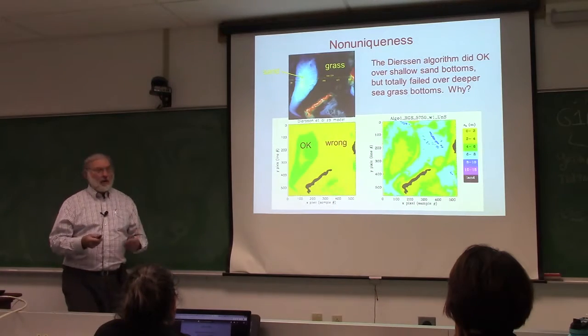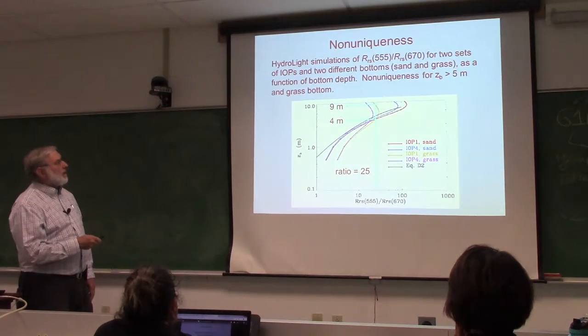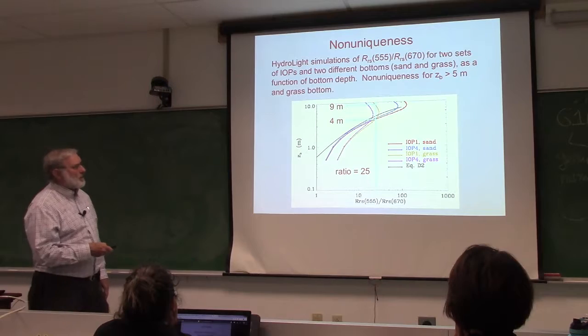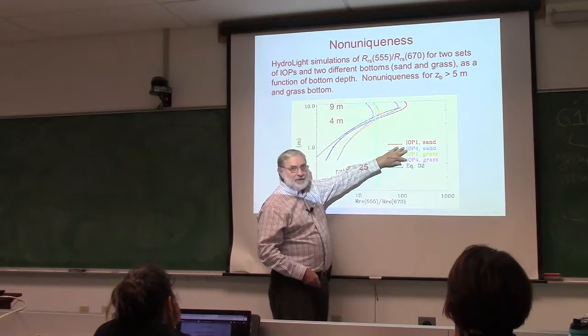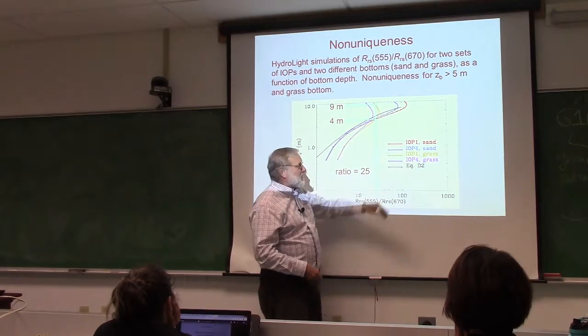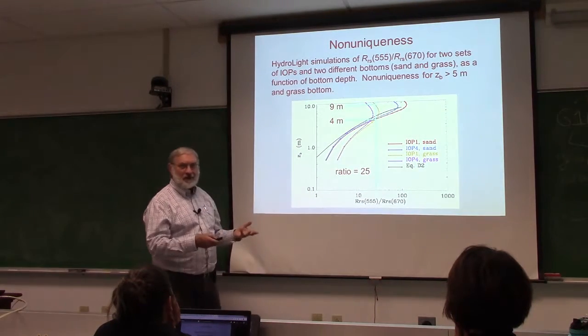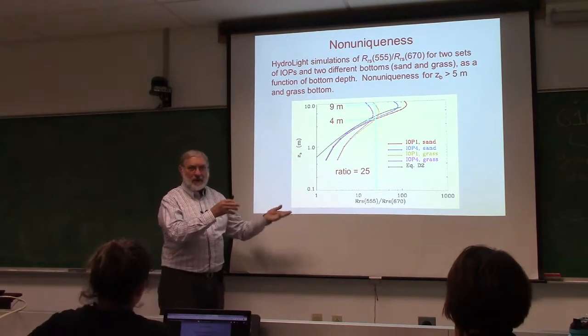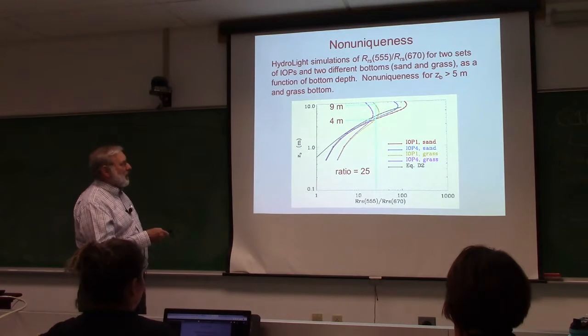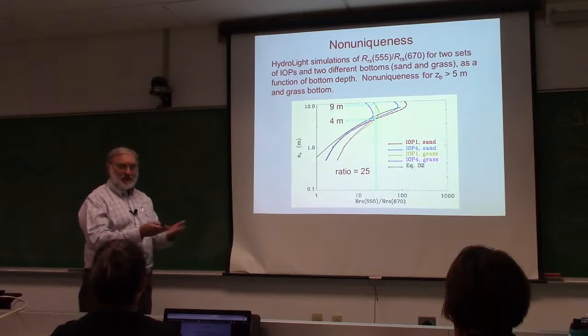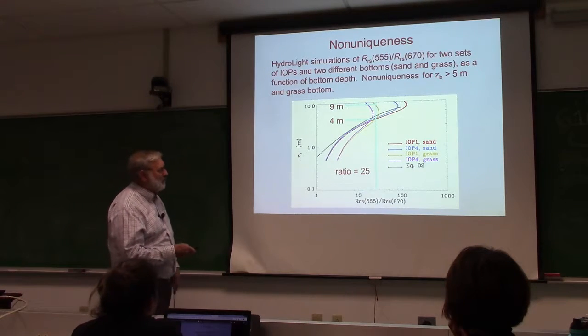So what went wrong? Well, I did some HydroLight runs. We had measurements of IOPs, we had measurements of sand reflectance, grass reflectance, etc. So I took a couple of sets of IOPs to sort of bracket what I thought it would have been, and ran HydroLight with the bottom at different depths and in either a sand bottom or a grass bottom.